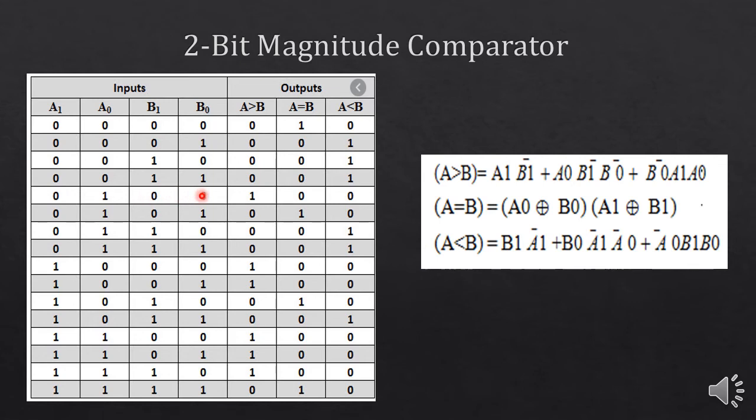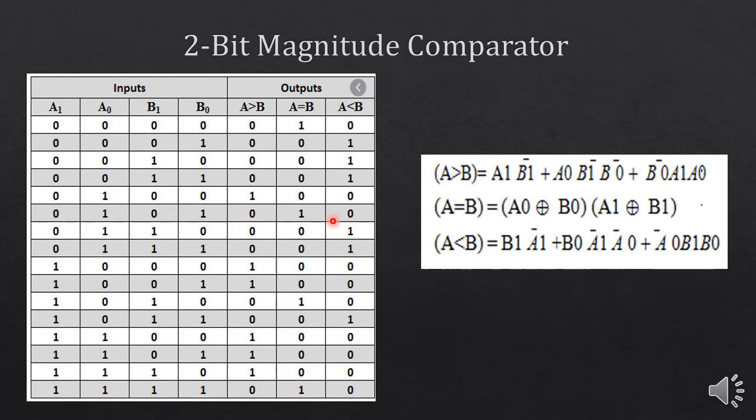Here A is greater than B, so this condition is true. Further, A equal to 1 and B equal to 1, so A equal to B, this condition is true, and this table continues. If you see the last input, A equal to 3 and B equal to 3, so A equal to B, this condition is true while the remaining two are false.